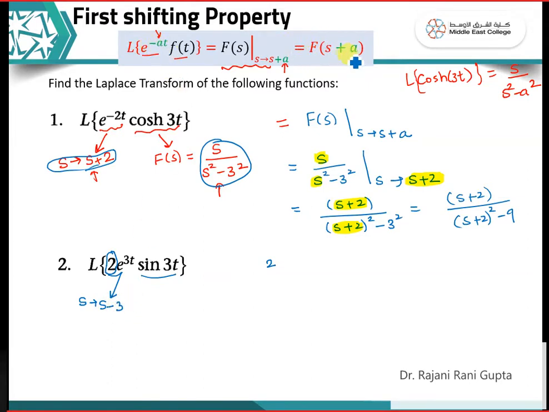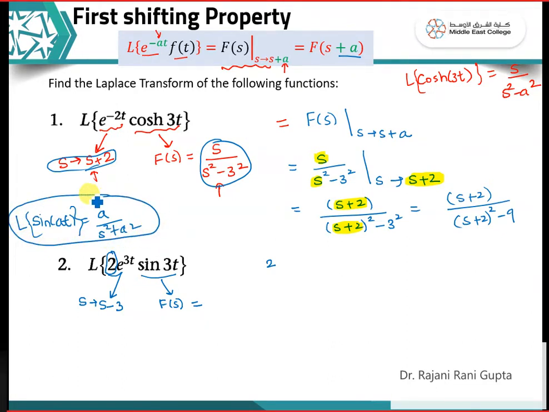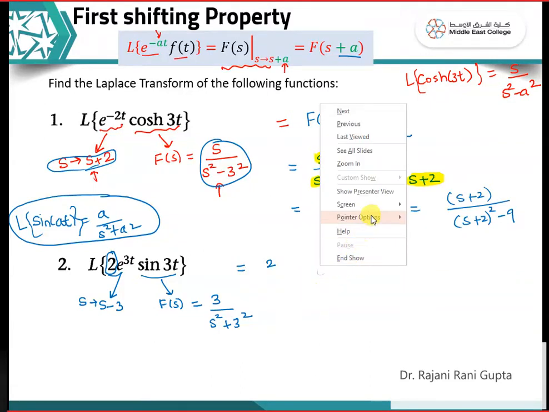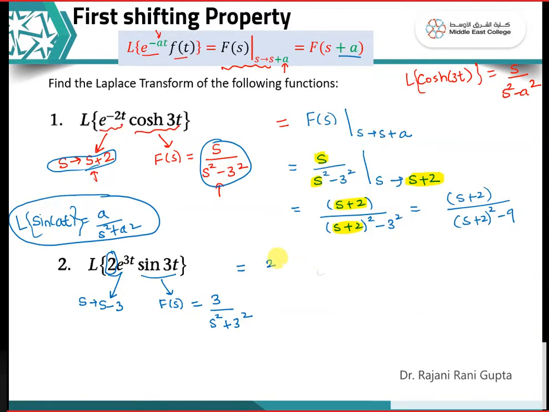If it is minus, we are changing it to plus, and this gives you F(s). What is the rule for sine? Sine at is a over s square plus a square. This is the Laplace transform. You don't need to memorize the rule actually. Then this gives you 3 over s square plus 3 square. So when we write it over here, let me just erase this 2 as of now.